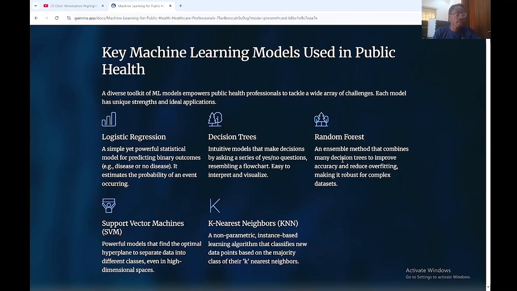We also have KNN, the k-nearest neighbors, a non-parametric, instance-based learning algorithm that classifies new data points based on the majority class of their k nearest neighbors. There are actually a lot of machine learning models out there, like TensorFlow and Keras, and also gradient boosting, which we're going to talk about in our subsequent sessions.